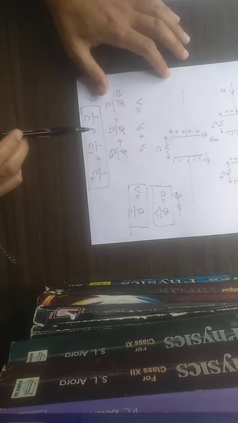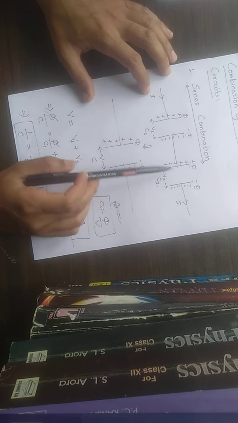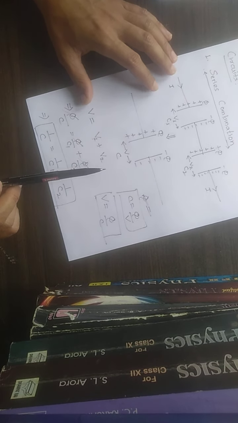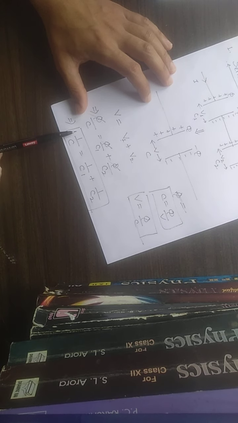So if two capacitors are placed in series with one another, then the resultant value of the capacitance will be given by 1 by C is equal to 1 by C1 plus 1 by C2. So the resultant will add up like this.